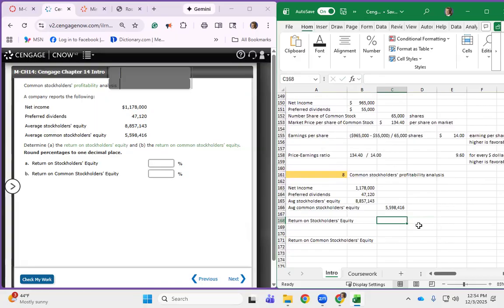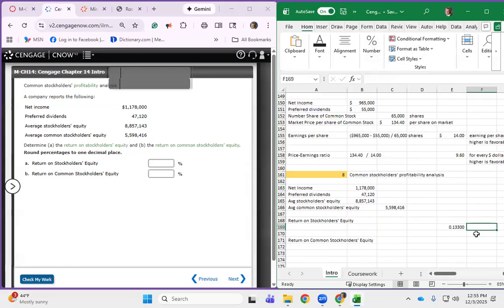Okay, and this is going to be in dollars, and then I'll put how I get it here. So let's do our net income, and we're just going to divide by the average stockholders' equity. It shows a 0, but if I increase the decimal, there it is. And this is a percentage.